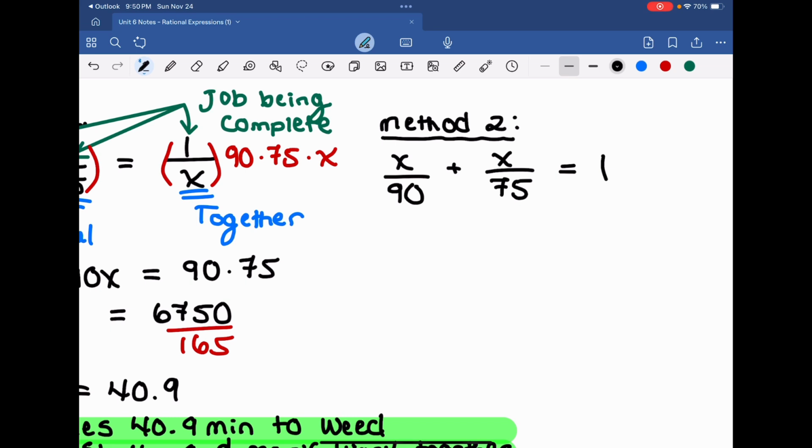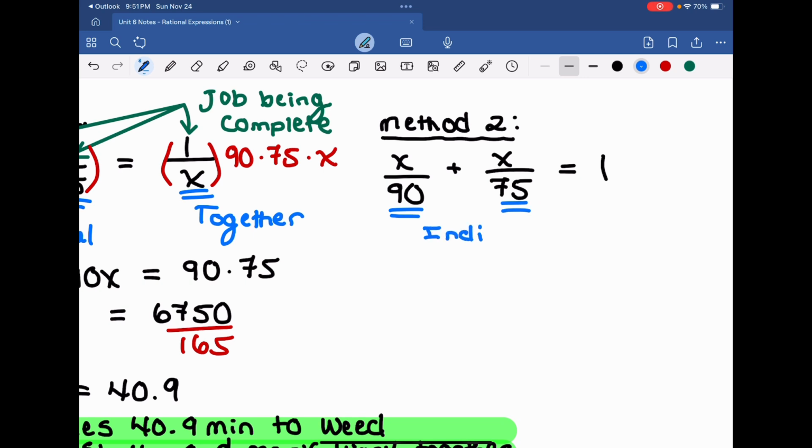So in this situation, I look at this and I'm like, okay, let's let X be the time together. If X is their time together, we're saying if they work together, it's a ratio of their together time over Mark's time, plus a ratio of their together time over Shelby's time. And if we add those two ratios together, we end up getting one job completed. Let's annotate that all in here.